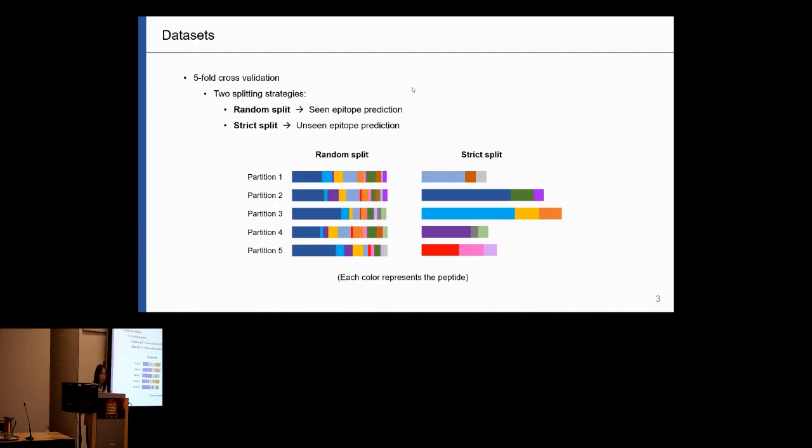One is random split, which is simply randomly splitting all the pairs in the dataset. And the other is strict split, where the pairs are divided so that the peptides are non-overlapping across the partitions. So random split leads to seen epitope prediction, whereas the strict split leads to unseen epitope prediction.